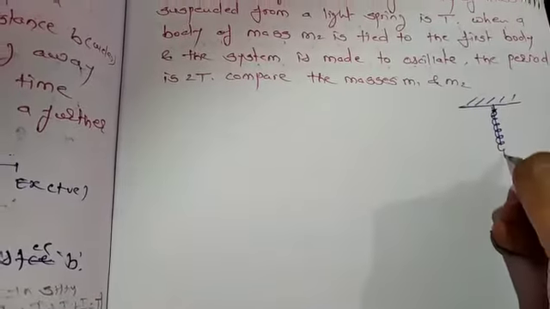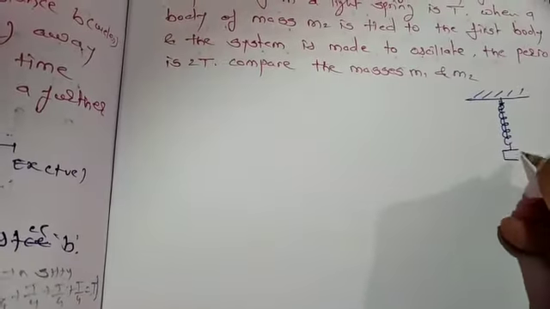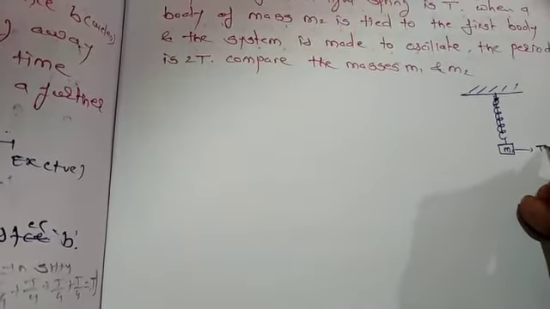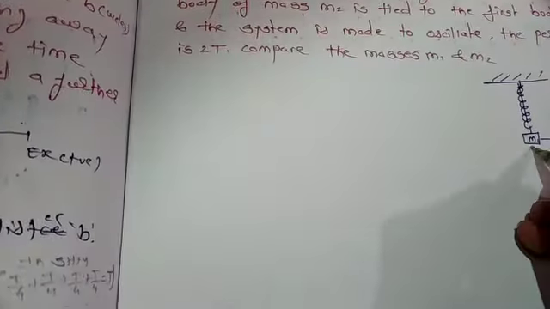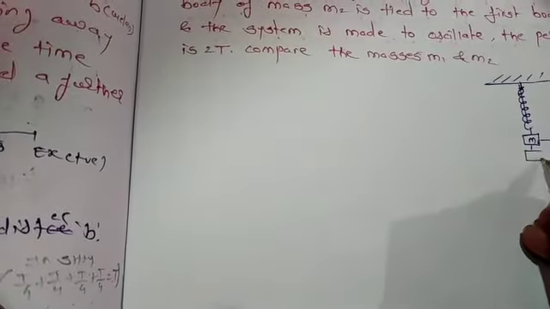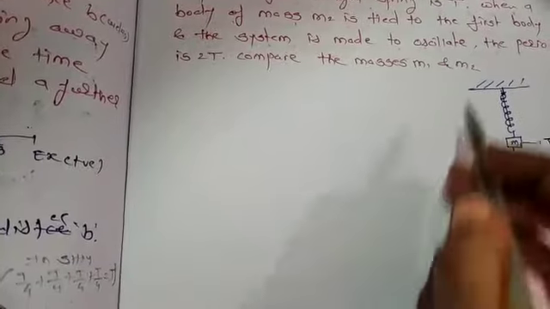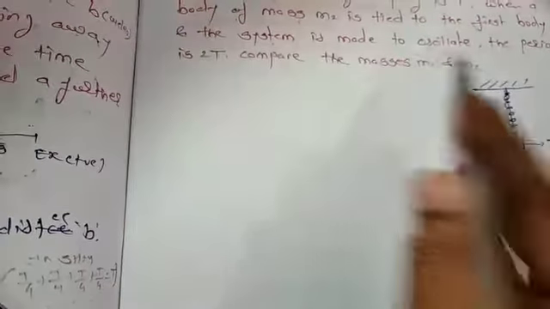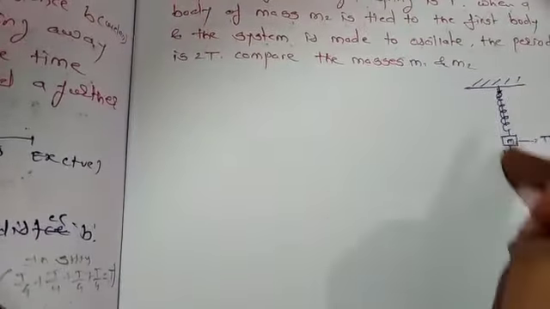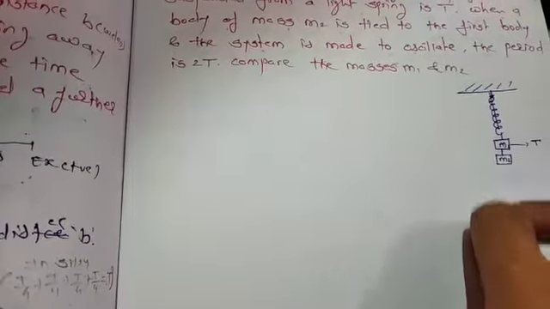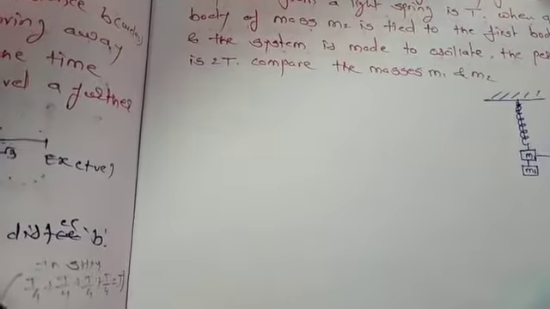To that spring, the mass m1 is attached and its period is T. When a body of mass m2 is tied to the first body, and the system is made to oscillate, that is, up and down, it will perform the oscillation.